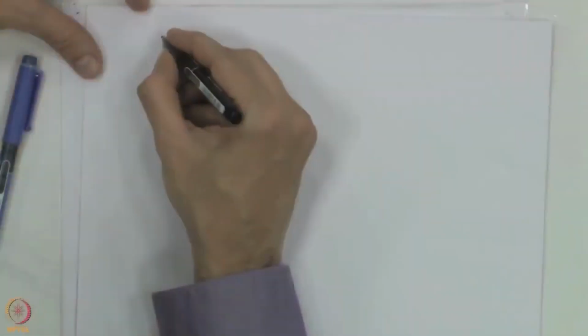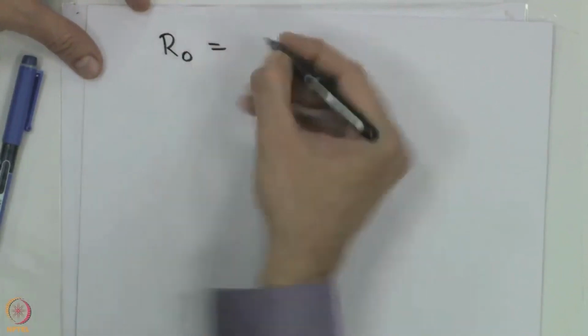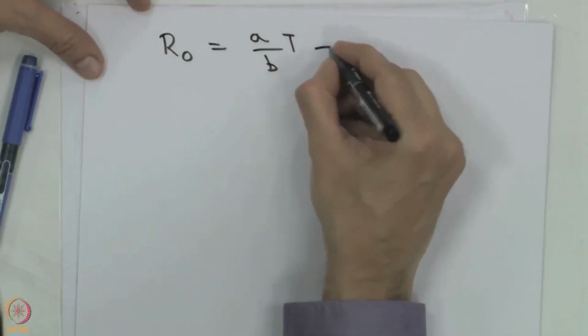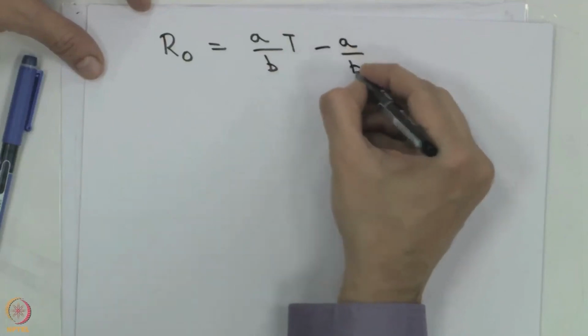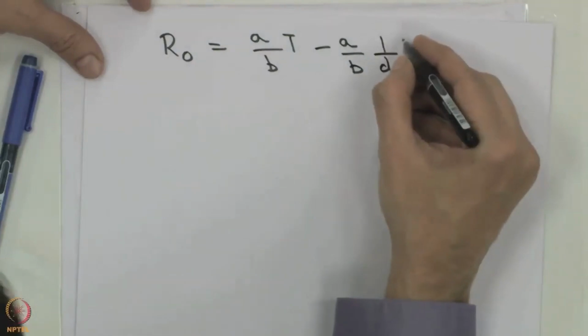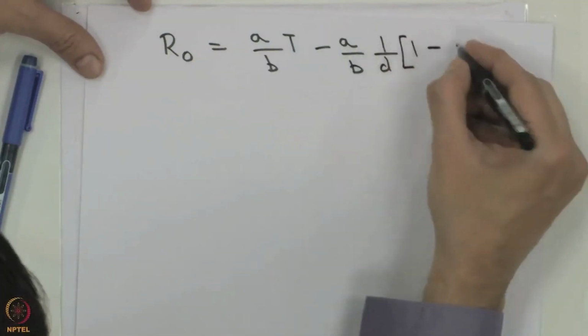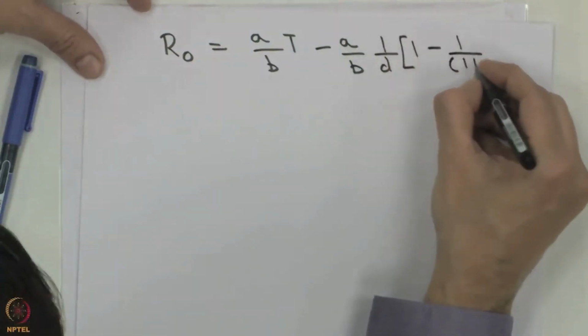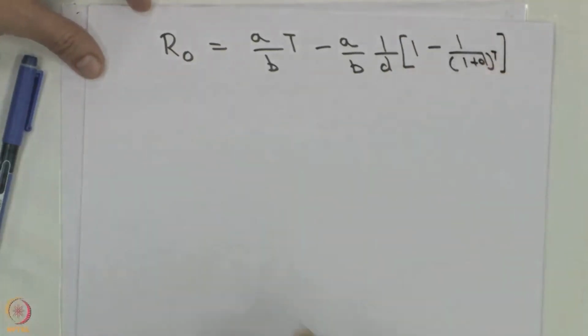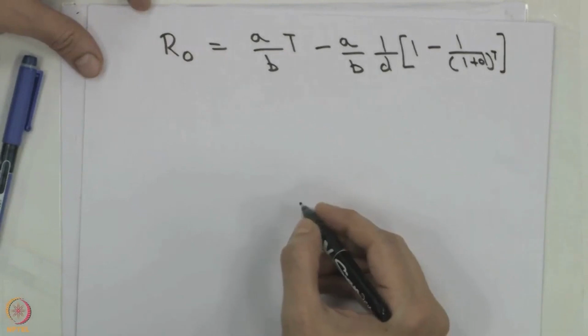So, we can substitute back in the equation that we had earlier, which was R0 equal to A by B capital T minus A by B into S, and we have just derived S as 1 by d into 1 minus 1 by 1 plus d raised to T. Now we can simplify this.